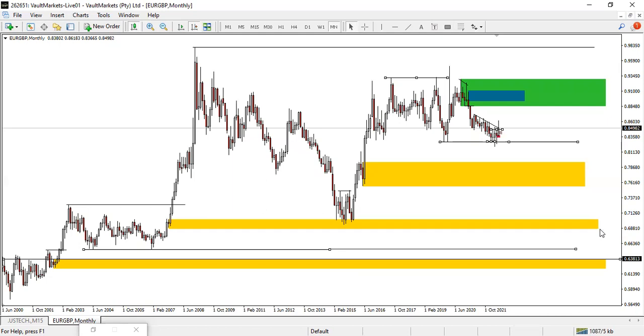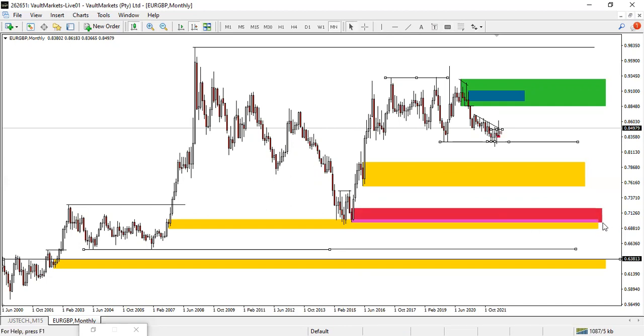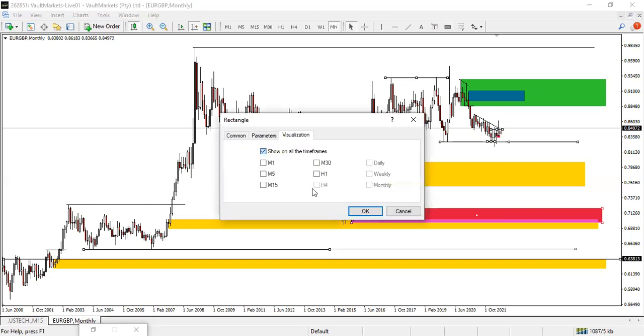All right. So again, one of the things that will attract the market to come down here is this candle here. This candle on its own, it's important. We need to look out for that candle. It will also attract the market to come down to this area here.